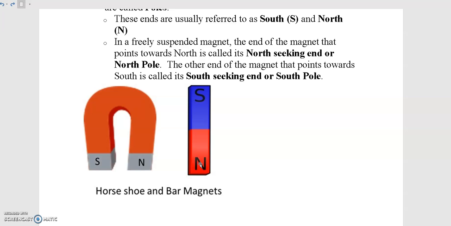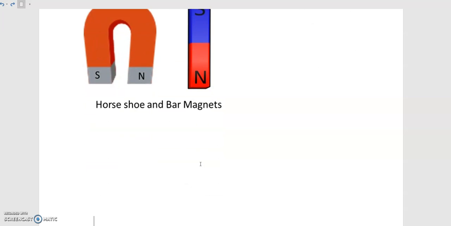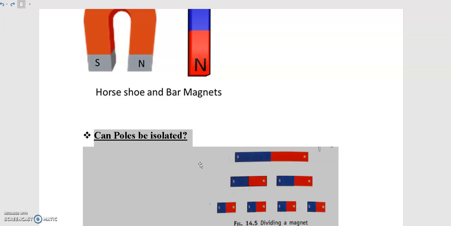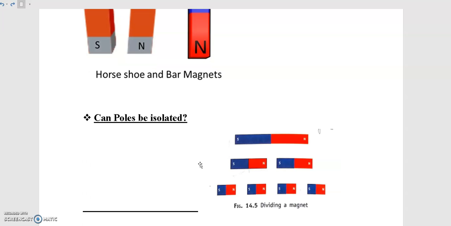Now, the next question is, can these poles be isolated? Can we divide these poles? Can we make them separate? Look at this. It was found that if we cut a magnet into two, this is your bar magnet, this is south pole and this is north pole.